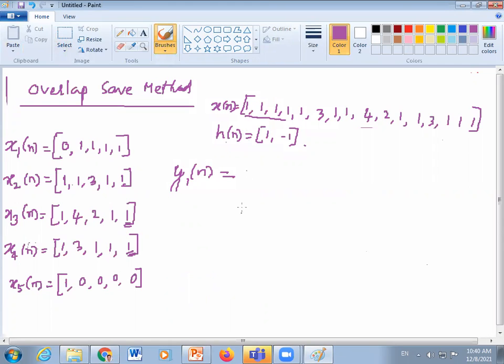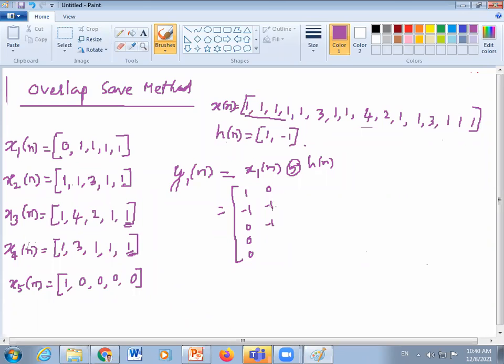So y1 of n equals x1 of n circularly convolved with h of n. Here I'm just writing the matrix for this. Have you understood or do you still have doubt? This is just the way we solved previous examples using the matrix method, circular convolution.